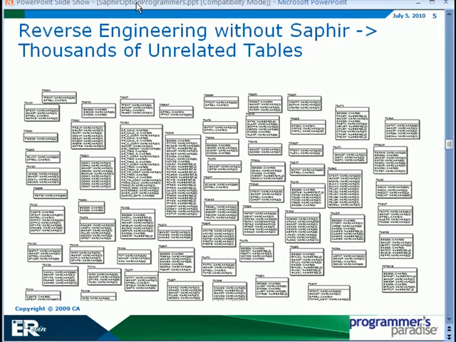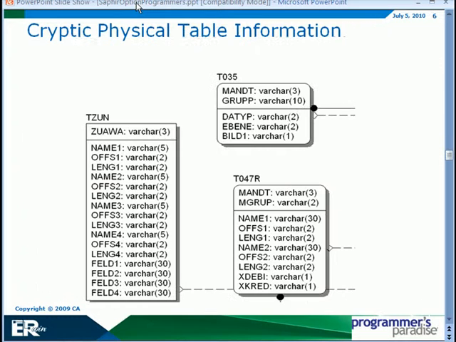In SAP, these table names are not only abbreviated, they're actually German anagrams of what the tables contain. Here we have a close-up of some of the metadata information, and these tables and column information are very hard to understand at this point.